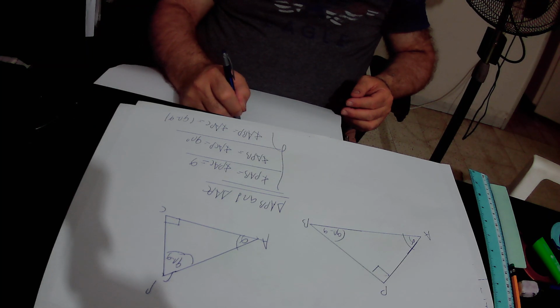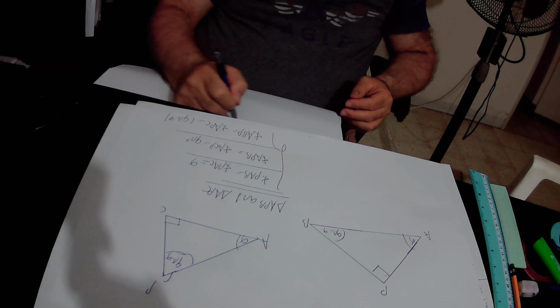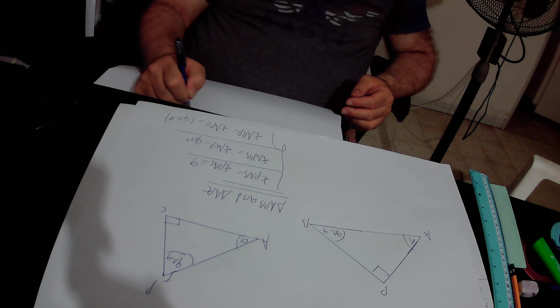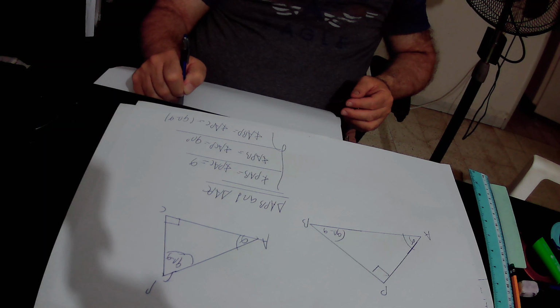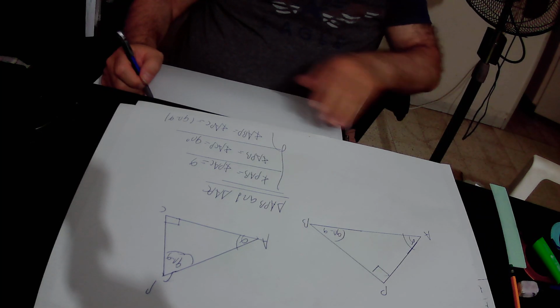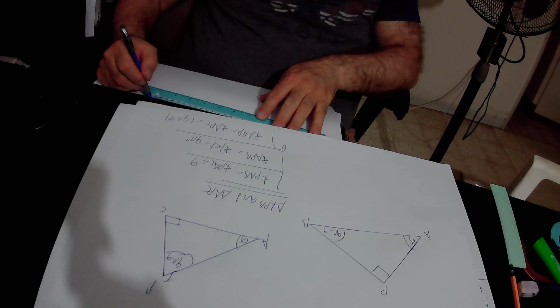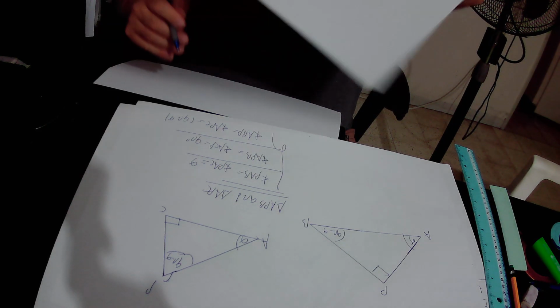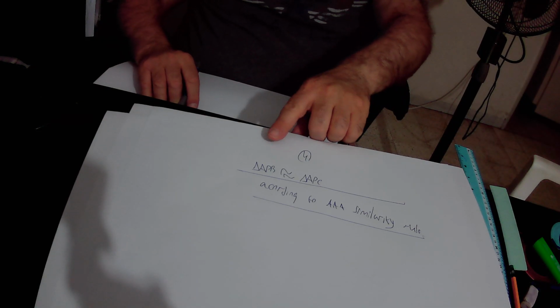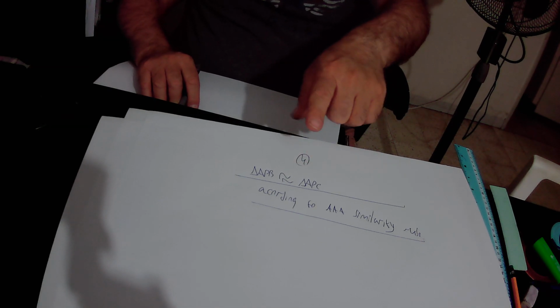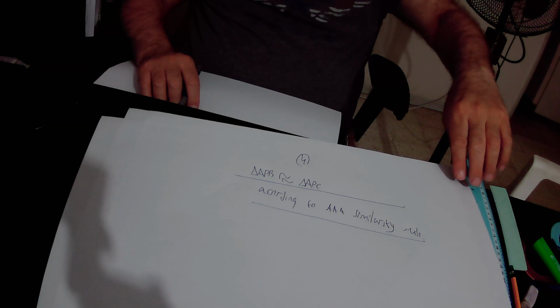according to angle similarity rule. To repeat again, we actually found out that the right triangle APB is similar to the right triangle APC according to the angle similarity rule.